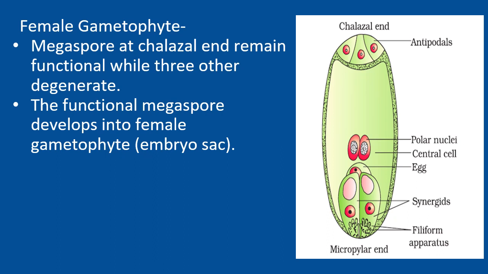In this diagram you will find the chalazal end, the antipodal cells, the polar nuclei, the central cell which was already discussed in the previous slide, egg, synergids, and the filiform apparatus. The two opposite ends are very clearly marked, chalazal and micropylar.